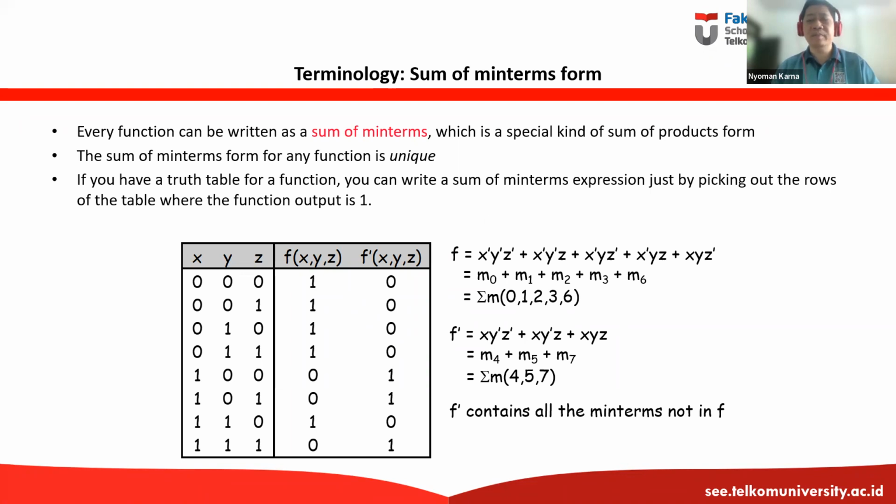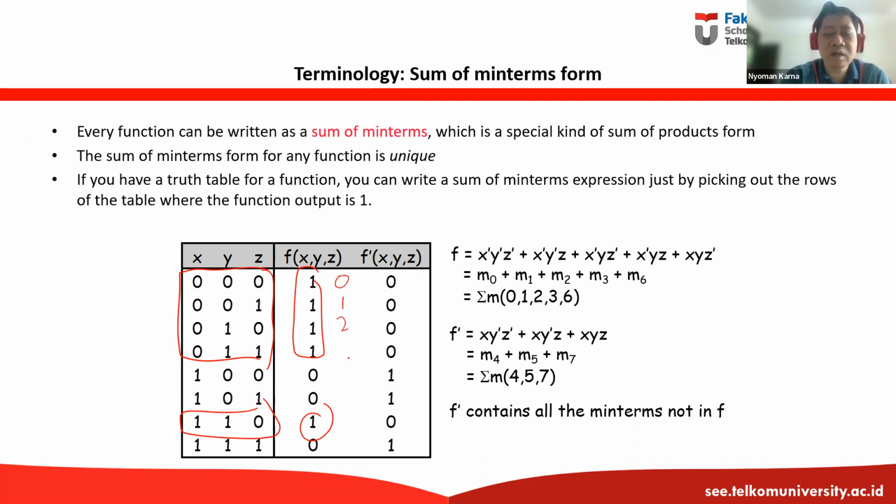For example, in this case, there is a truth table, and the output is 1 when the input is in this combination. So we can understand that this one is min term 0, this is min term 1, min term 2, 3, 4, 5, 6, 7.